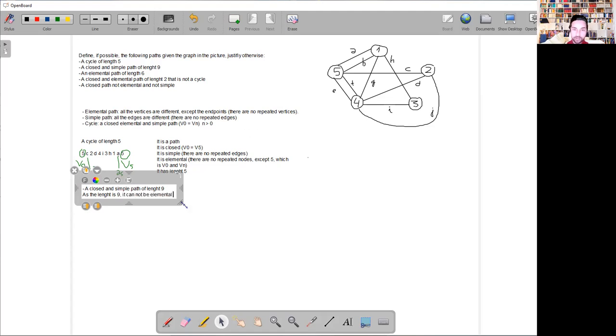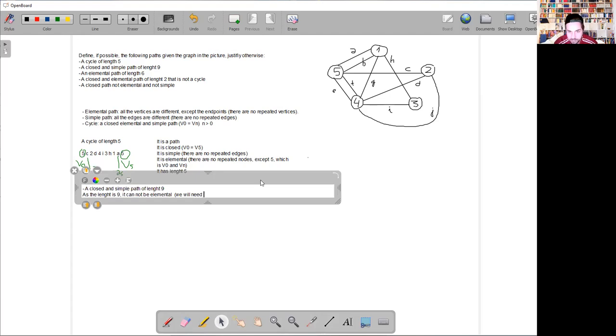We will need to repeat at least one node.